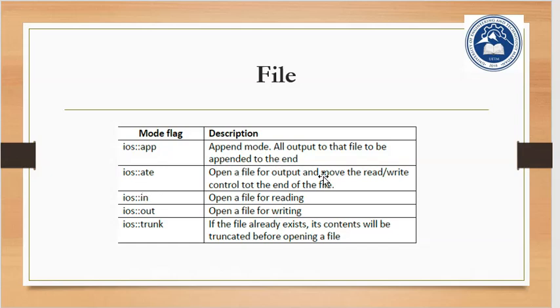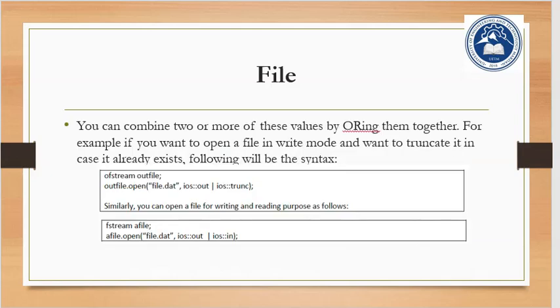Open a file for output and move the read and write control to the end of the file. Open a file for reading. Open a file for writing. If the file already exists, its contents will be truncated before opening the file. You can combine two or more of these values by ORing them together.